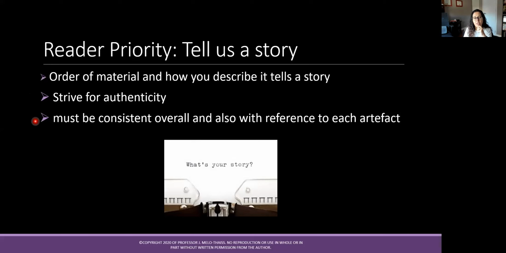And you're going to want to think about this as well, not just within your ePortfolio, but also outside of it. So your LinkedIn profile should be consistent with your ePortfolio, and should also be consistent with your resume and cover letter. It should also be consistent in terms of headshots. The same headshot you use for LinkedIn should be the same headshot that you use for your ePortfolio.